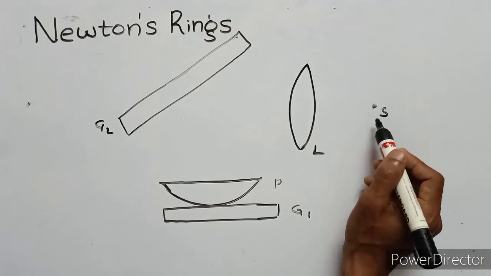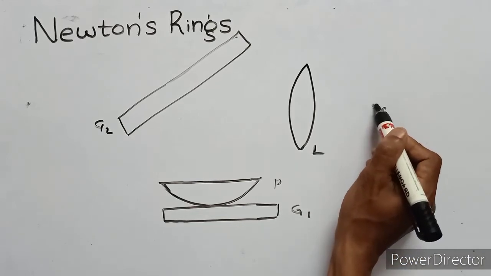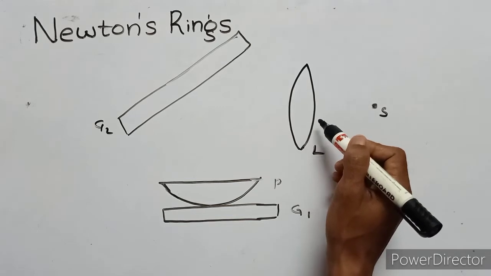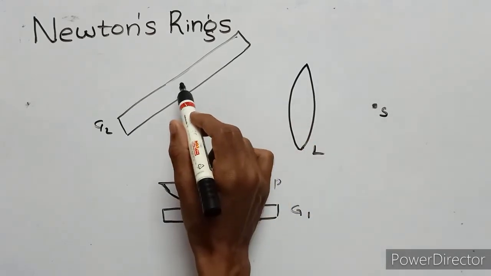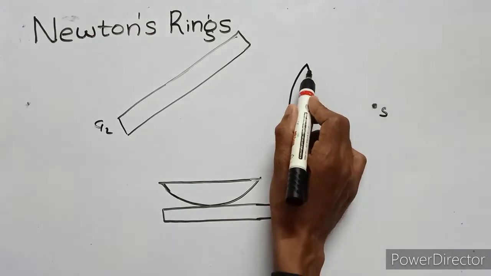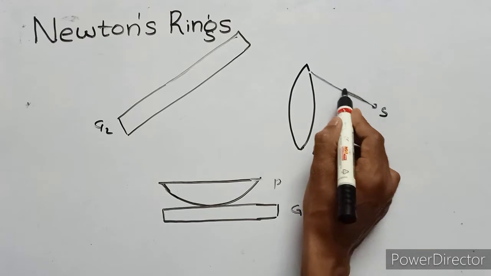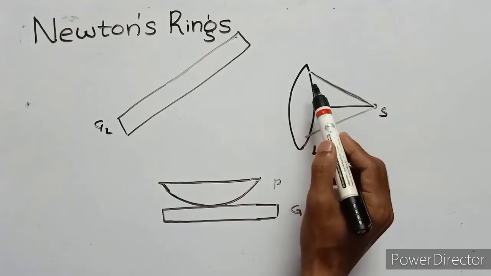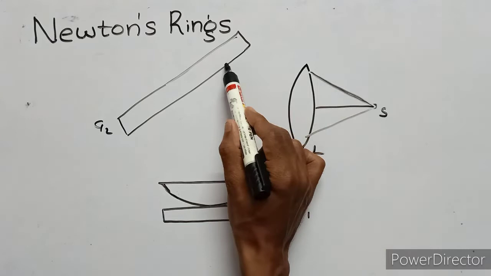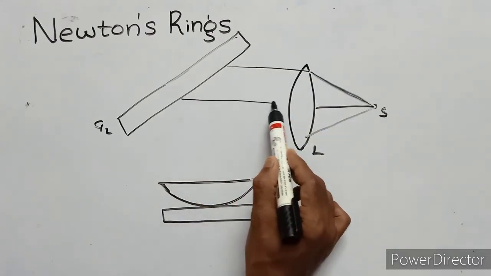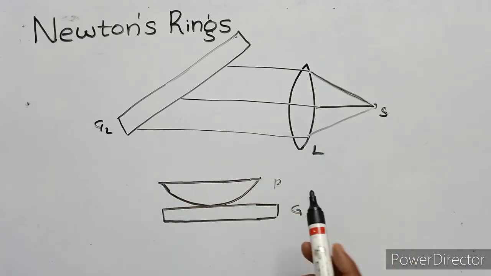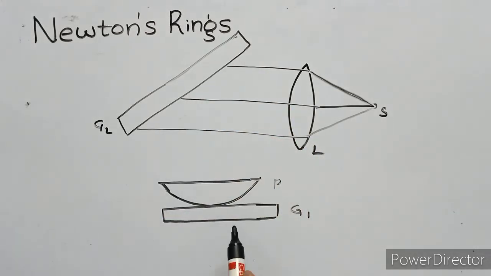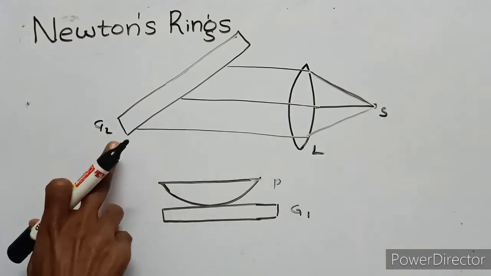Let us consider the light that starts from the monochromatic source S and falls on the convex lens L. From the convex lens the light rays become parallel and fall on the glass plate G2, which is inclined at 45 degrees.